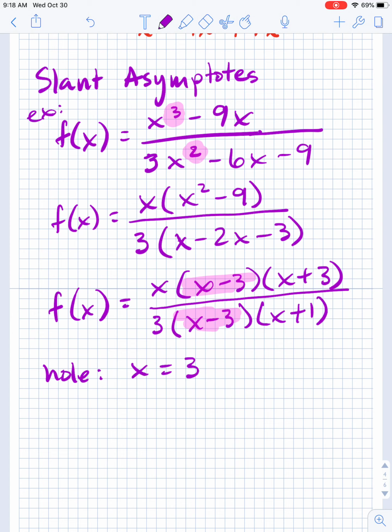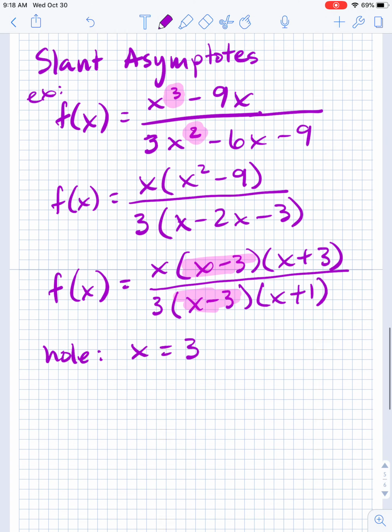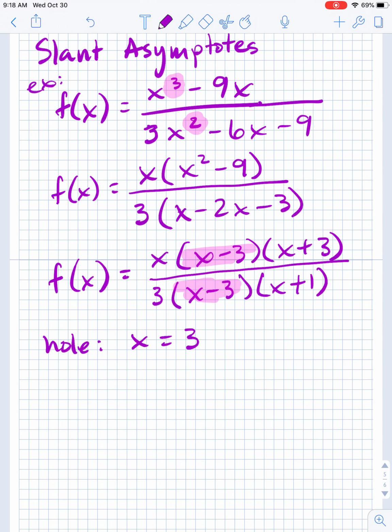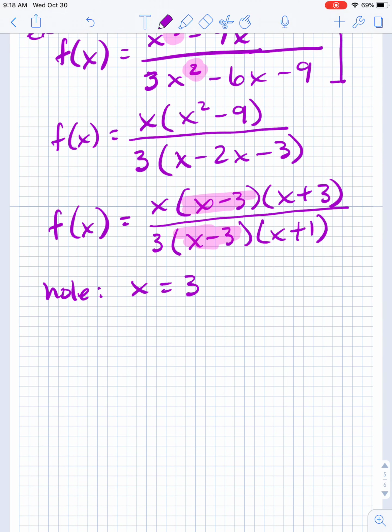The second thing that I do, to figure out what my slant asymptote is, is take this function and divide it. So I am doing the division that is shown here. You're just going to use long division.